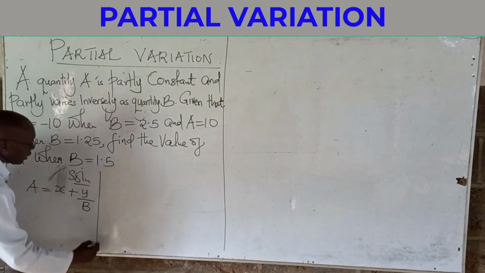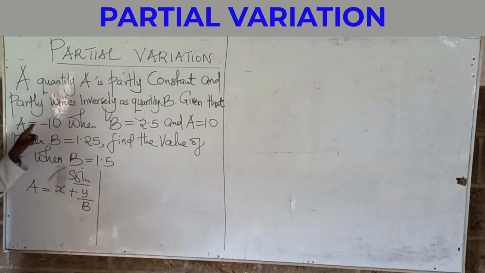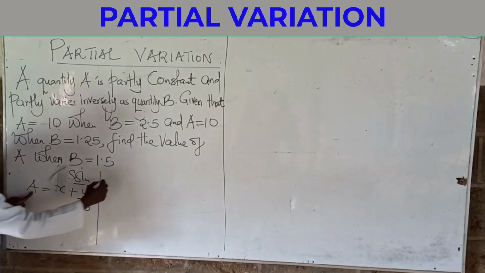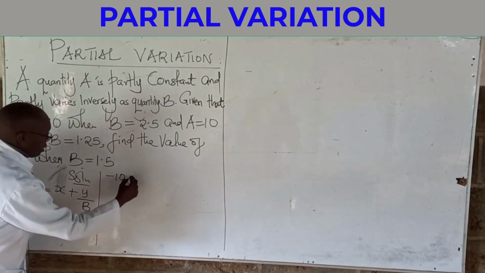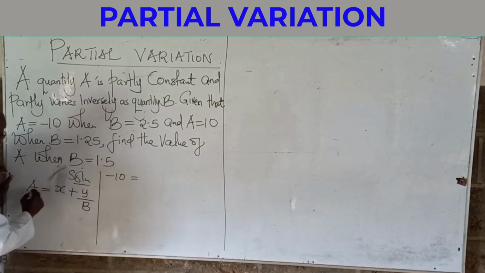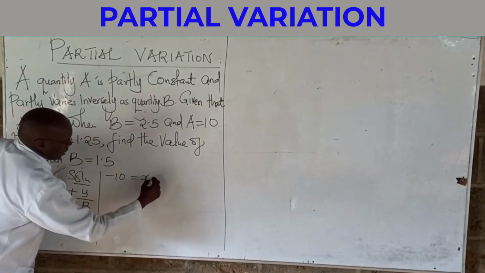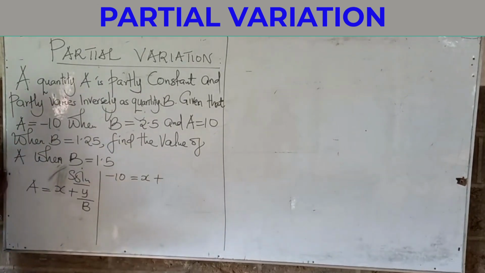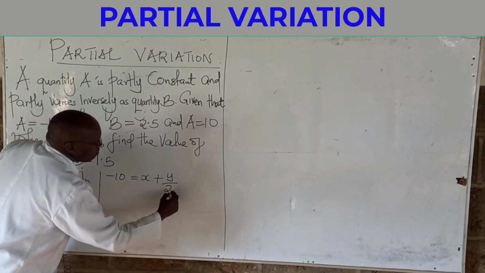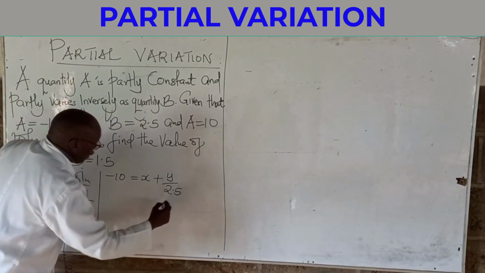Now from there, we can substitute the values that you're given. So the first one, when A is equal to -10, B is equal to 2.5. So we simply substitute it in that equation. A is equal to -10, then X is there, plus Y divided by 2.5.